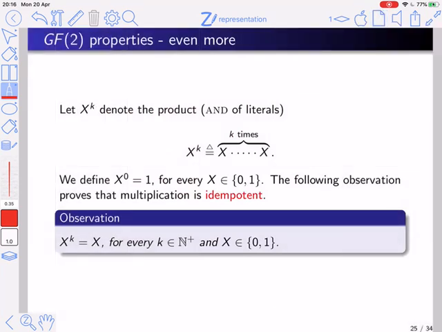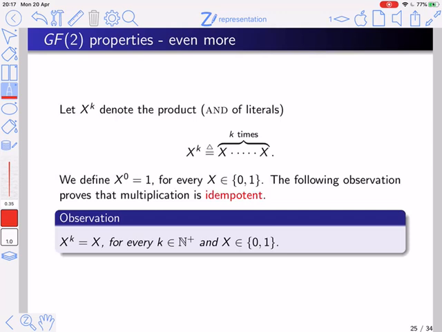Okay, now let's do exponents. It's actually polynomials. X to the power of k simply denotes multiply x by itself k times, and we use the convention that x to the power of 0 always equals 1, regardless of whether x is 0 or 1. So 1 to the power of 0 is 1, and also 0 to the power of 0 is 1. Okay, that's just a definition.